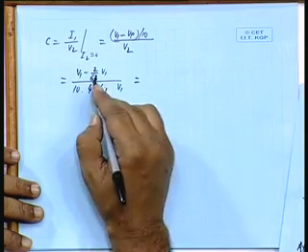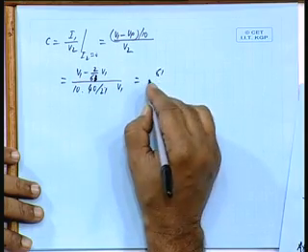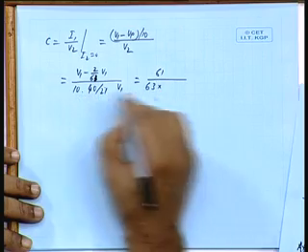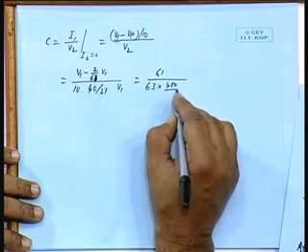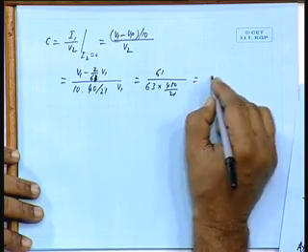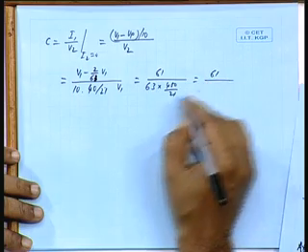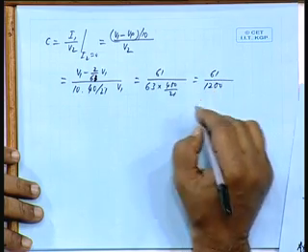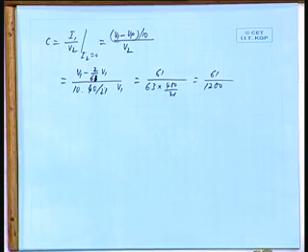So, if you simplify this, 61 by 63 divided by 10 into 40 by 21. So, this is C.